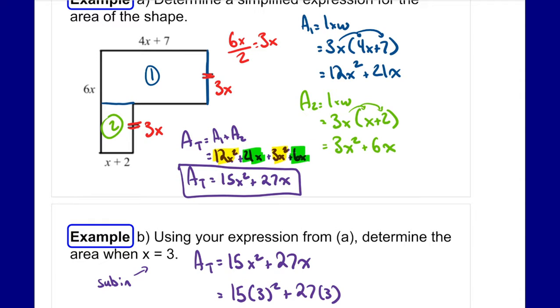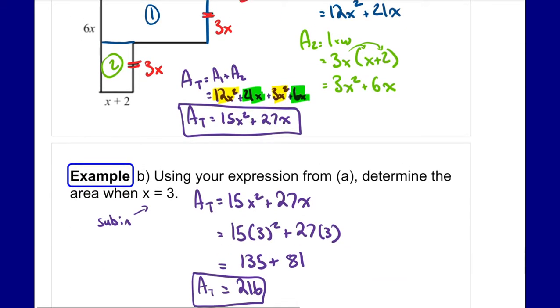Maybe this is a prediction or a model. Maybe we also want to find the area when x equals 1 or 7 or 9. So rather than having to change every measurement, I can just plug it into my simplified expression and that will give me an answer.